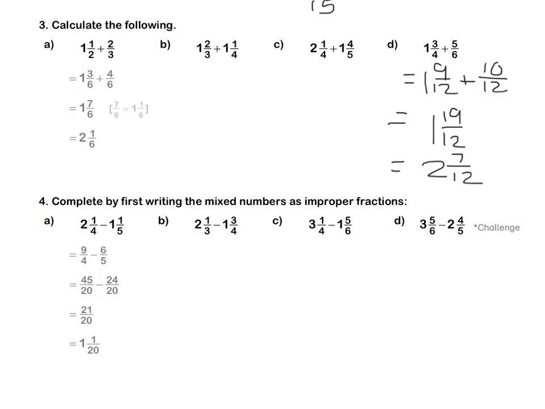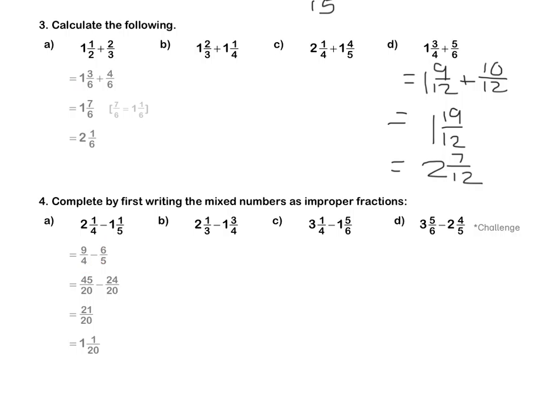Question 4. We have a subtraction sum. When we have a subtraction sum, I recommend that you always first change both mixed numbers into improper fractions. So, 2 times 4 is 8, plus 1 is 9/4. 1 1/5 is equal to 6/5. Then we have quarters and fifths.